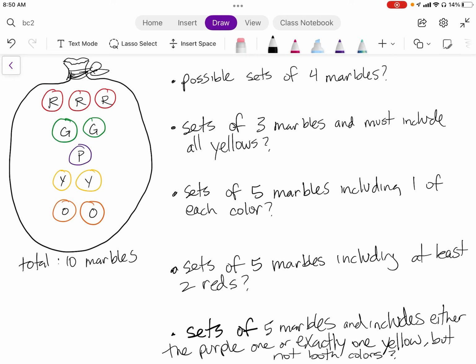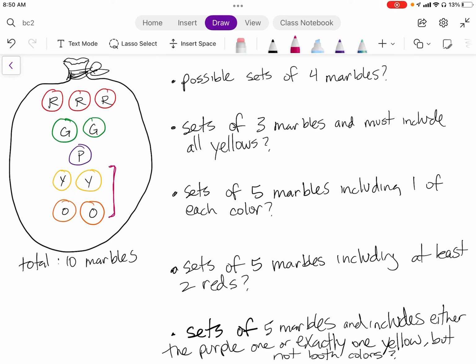Okay, how many possible sets of 4 marbles are there? So when we create this, because we now looked at permutations and combinations, right? We have to think of a combination here. So why do we think combination? Because let's just say, for instance, I grabbed both yellows and both oranges. I grab both of these, and that's one of my sets.